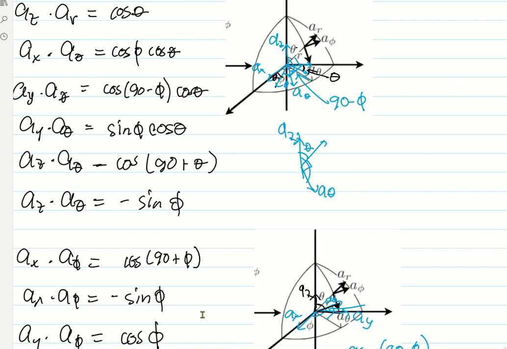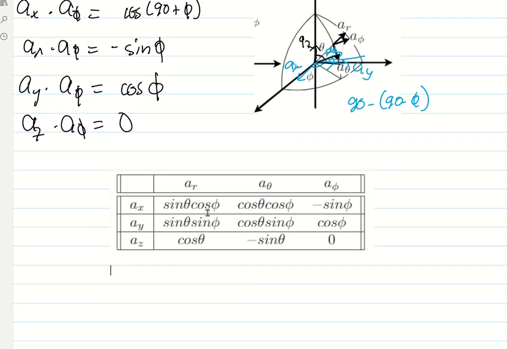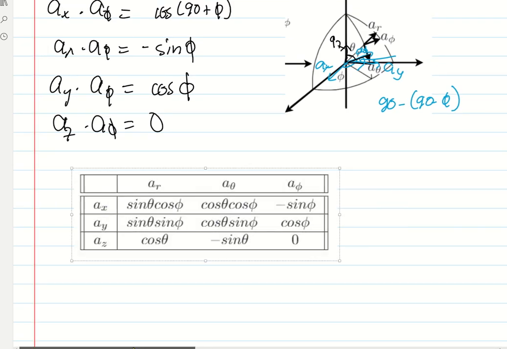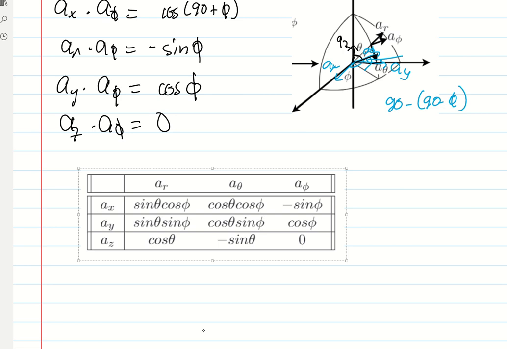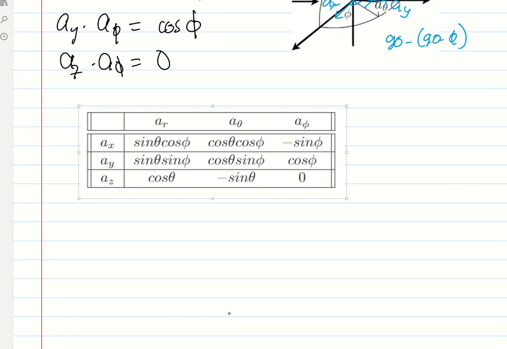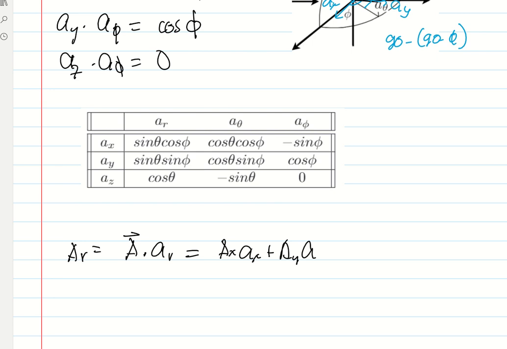Then to summarize again, we put it in a table. This will be the dot product between rectangular and spherical coordinate systems. So if we solve for the components in spherical coordinates, we have AR. AR is just equal to A dot a_r. So this is Ax ax plus Ay ay plus Az az, dot a_r.